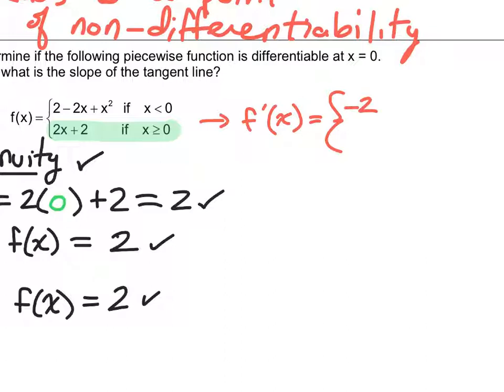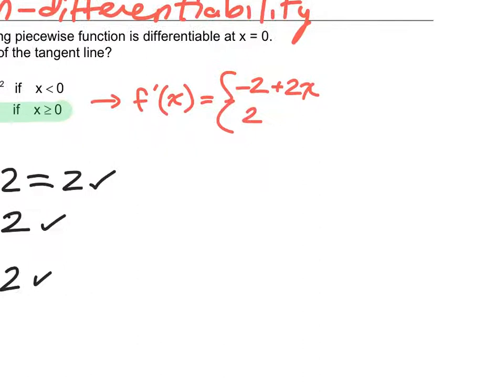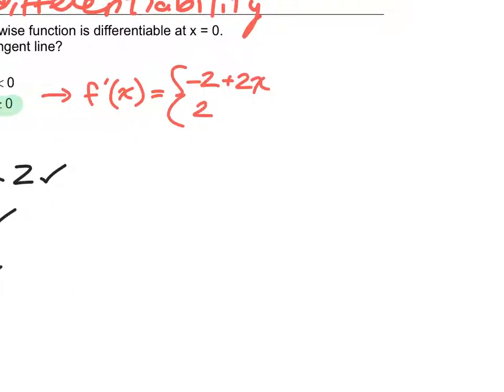Derivative of x squared? 2x. Derivative of 2x? Just a 2. Derivative of 2? 0. For linear expressions, we're just taking the slope. For constants, they're going to 0. For other types of power functions, we're applying the power rule.